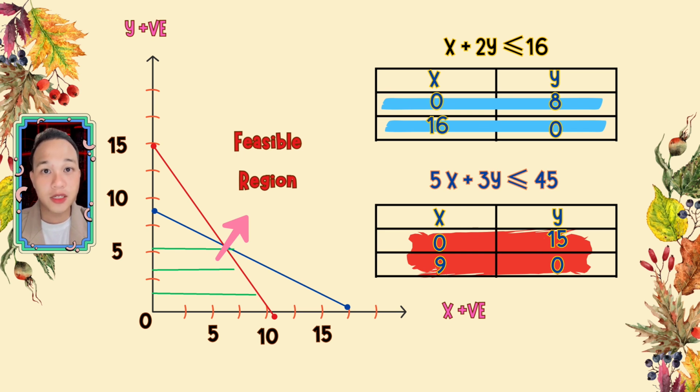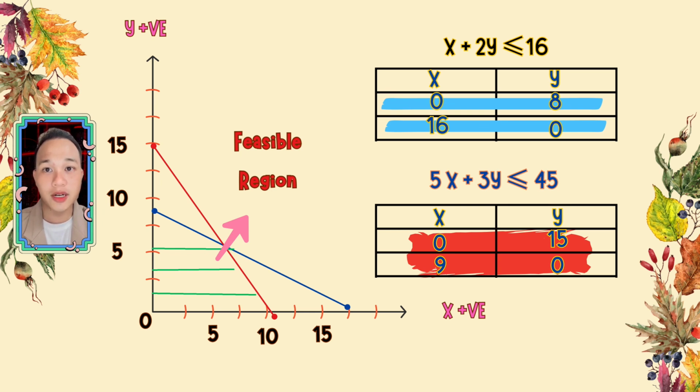So for the first constraint, I have the points (0, 8) and (16, 0). I join those two points for the constraint line. I do the same for constraint 2, with points (0, 15) and (9, 0), and then draw the constraint line.